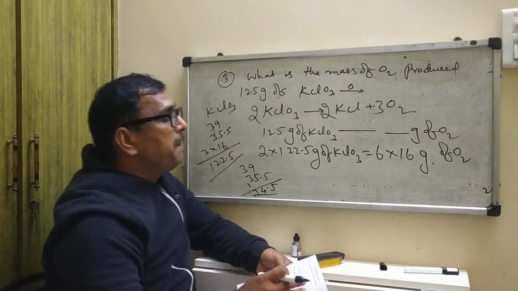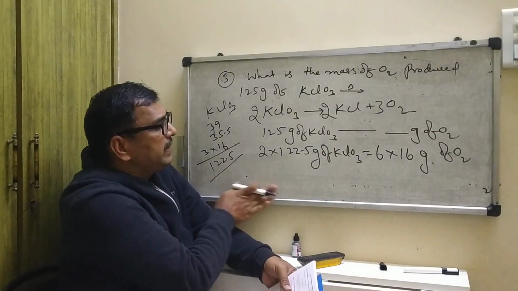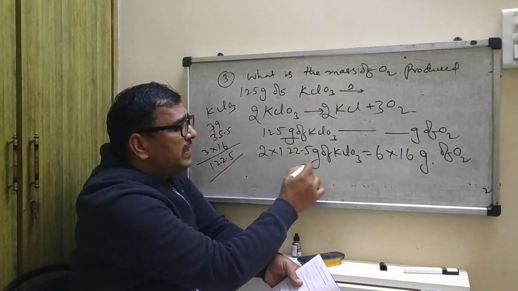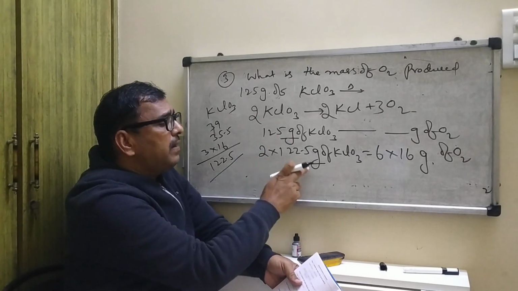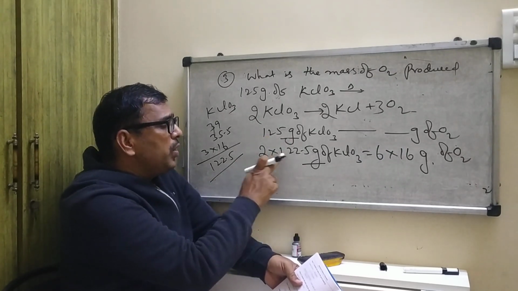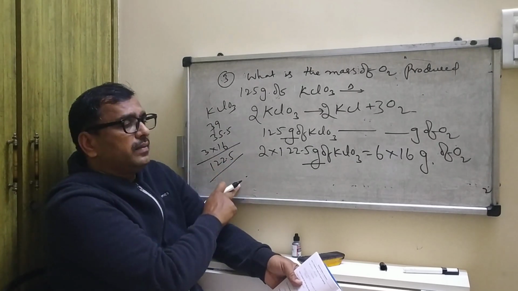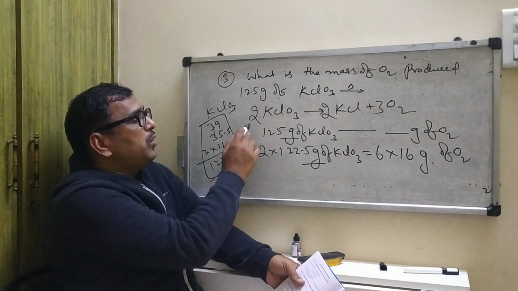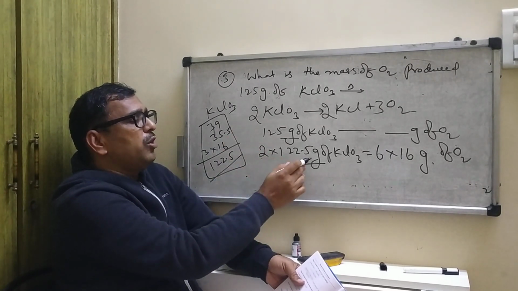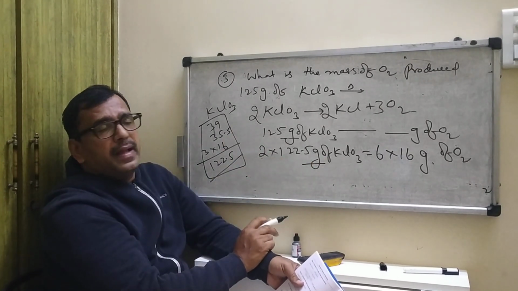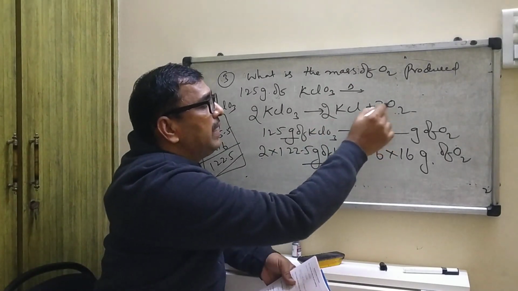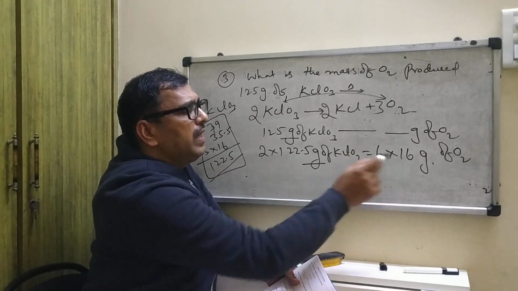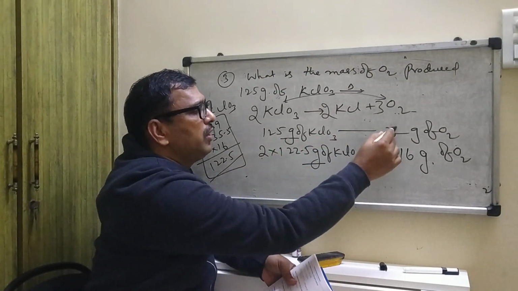Here the given information is in grams, so this is also in grams. Grams must be matched. Here 2 into 122.5, the molecular weight of KClO3. Why is it 2 here? So 2 into 122.5 grams of KClO3 gives rise to oxygen; we are asking the relation between KClO3 and oxygen. Then 6 into 16 grams of oxygen. This much gives how much?